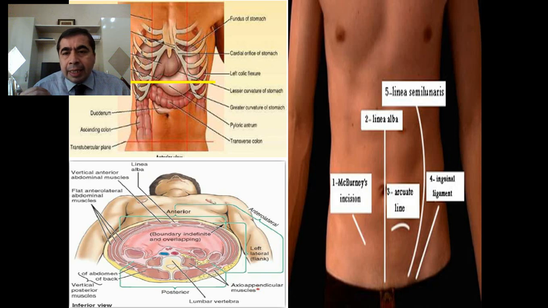About the lines of this section, the first line is just for the separation of the abdominal wall from the thoracic wall. It passes along the costal arch.